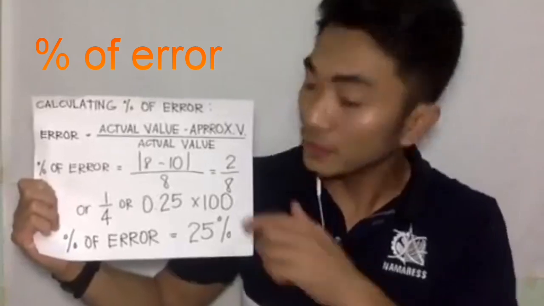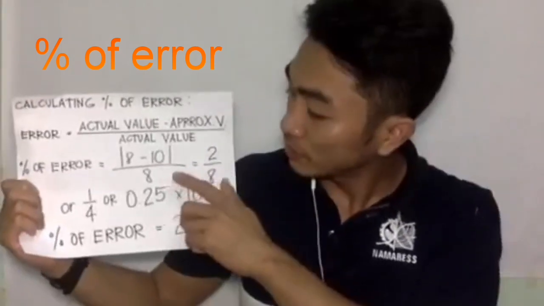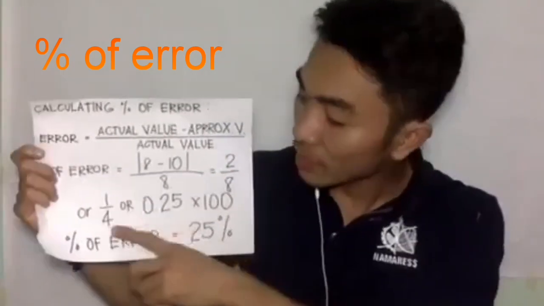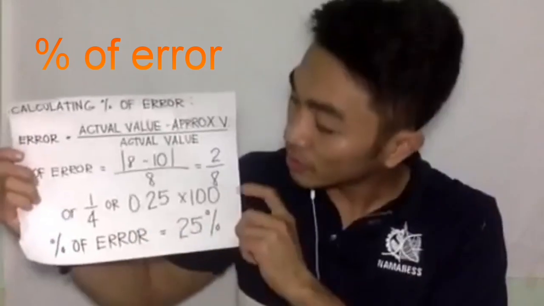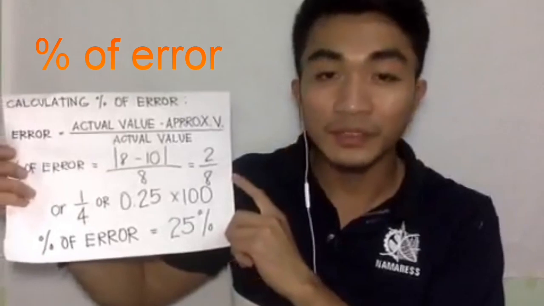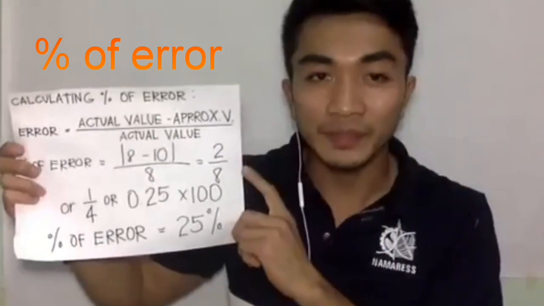The absolute value is positive 2. So it would be 2 over 8, or 1/4, or 0.25 times 100. So your percent of error is 25%.